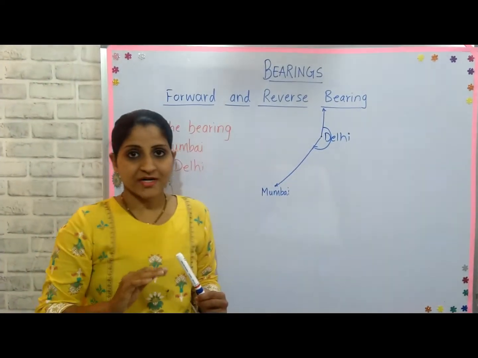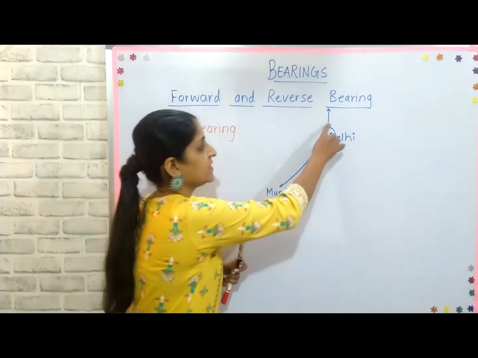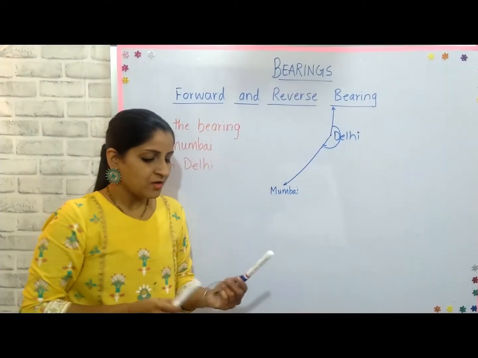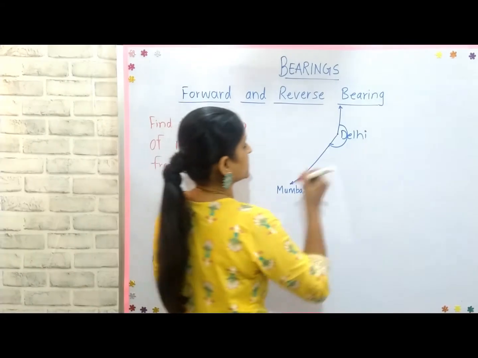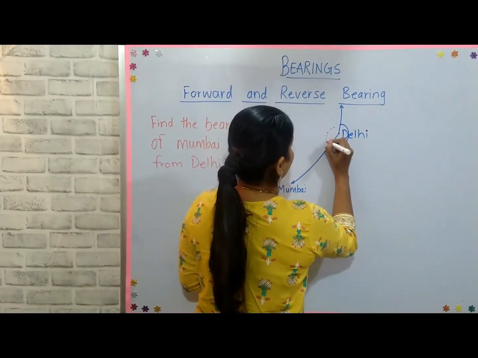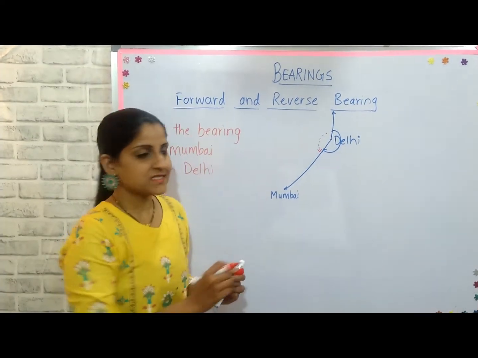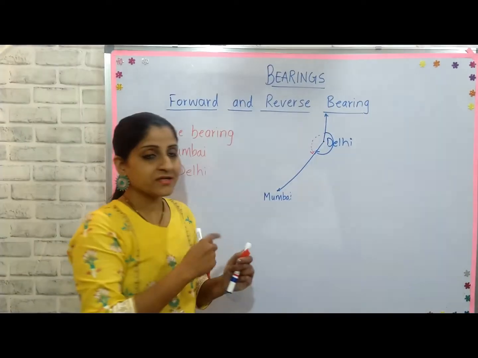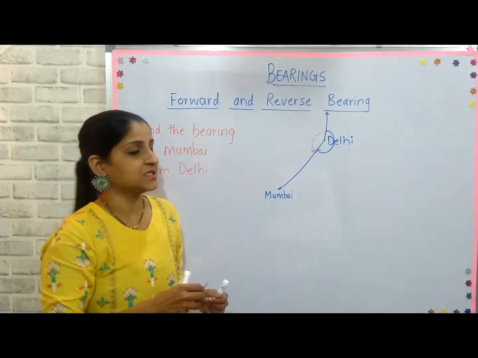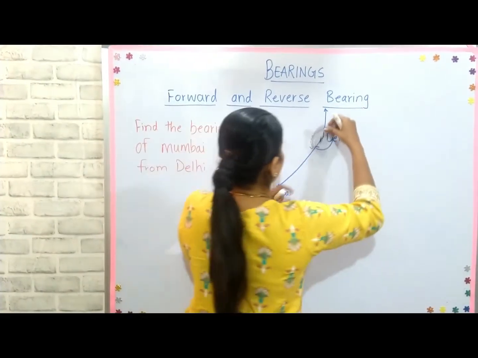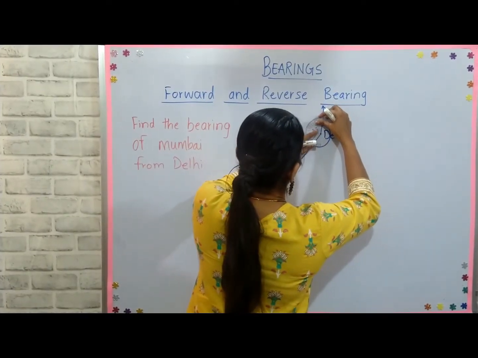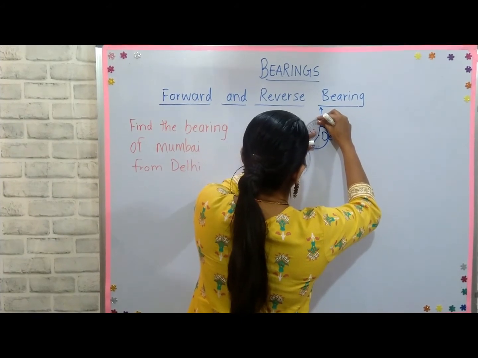Now, as we learned in our previous video, when this angle is a reflex angle, we measure the anti-clockwise angle and subtract it from 360 degrees, because an entire circle makes 360 degrees. So I will keep a protractor here and measure this angle.